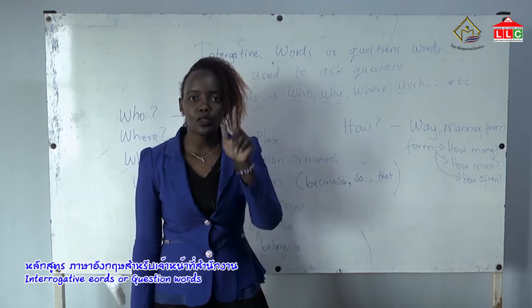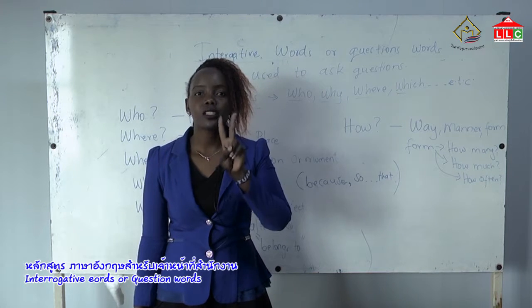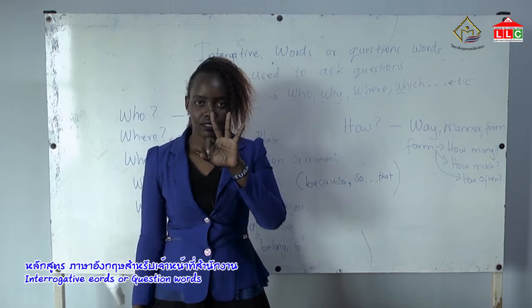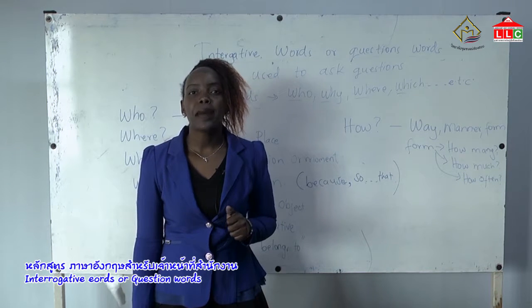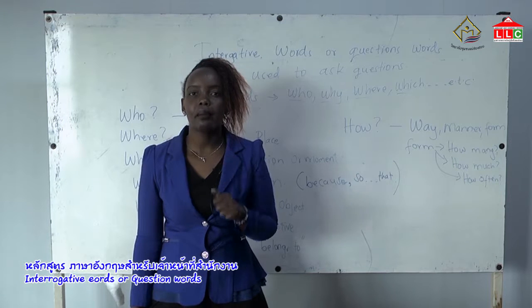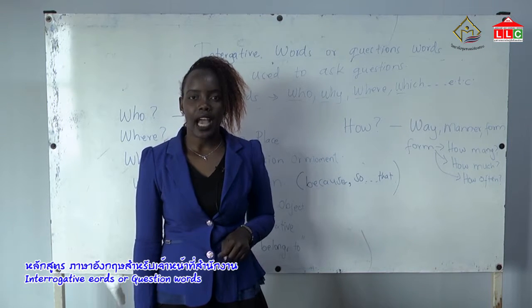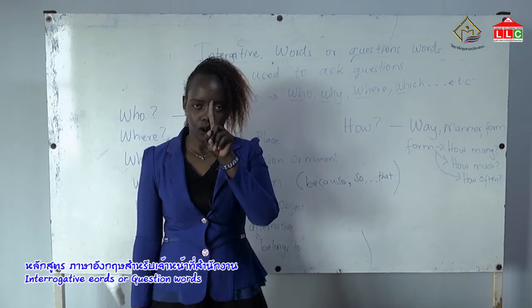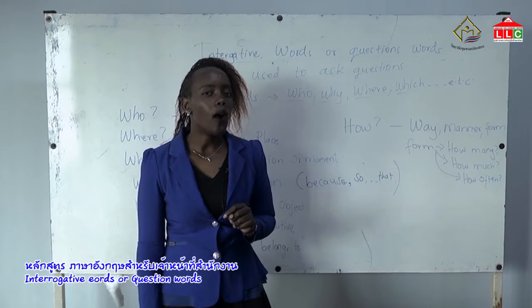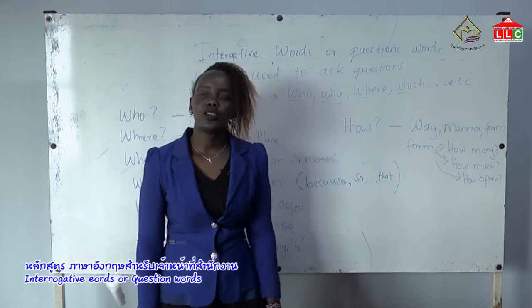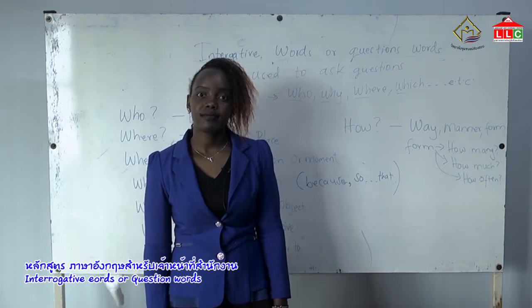So once means 1, twice means 2, thrice means 3. Okay, and if I say monthly, it means once in a month. But if I say annually, it means once in a year. Okay, so how often do you go to Chiang Rai?